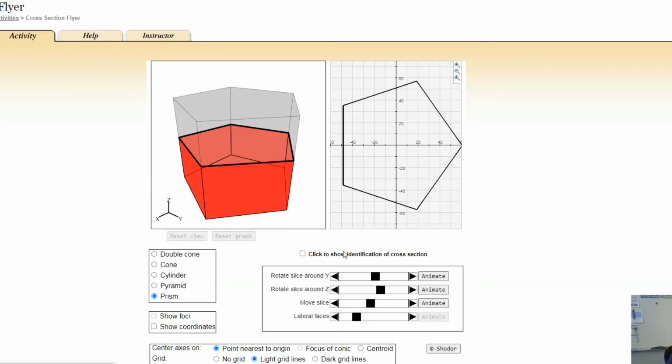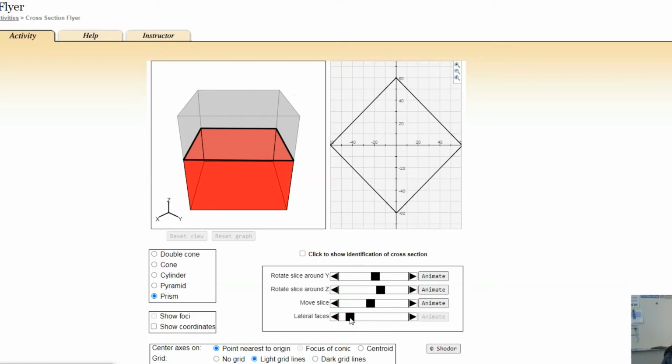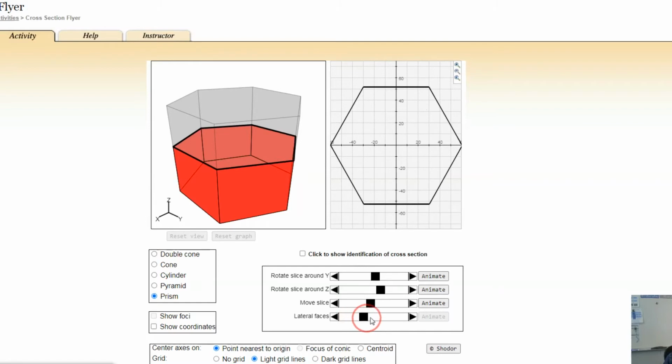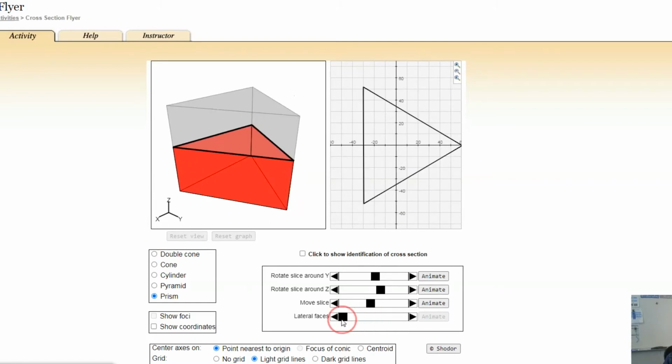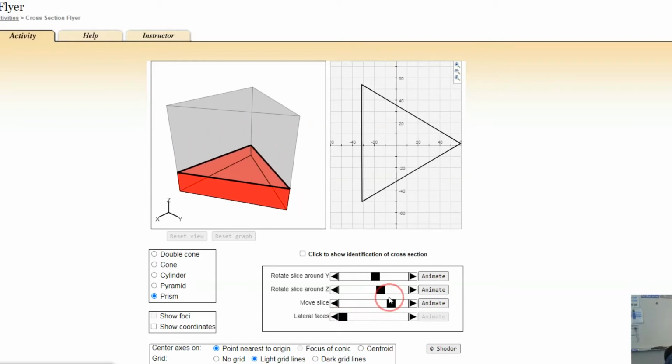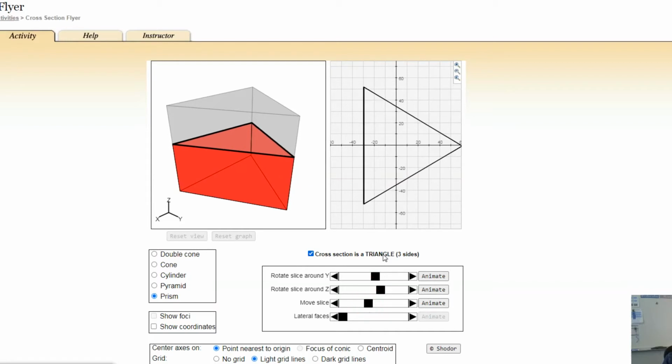Now you can change how many faces something has. So this is a cube, obviously, 6 faces, and you can make it be however many lateral faces that you want. The slice can be moved up, can be moved down, as we talked about. Notice that's a parallel slice. And notice this is the planar section. And if you want to identify it, it should give you a name here.